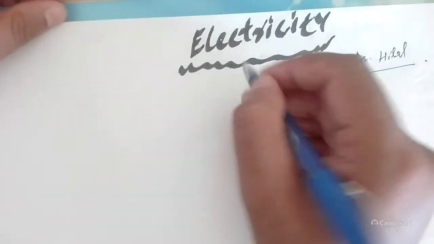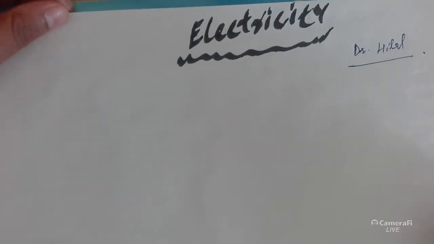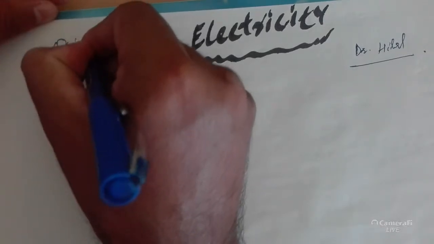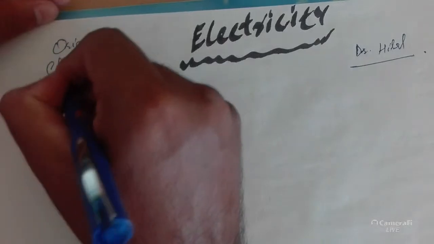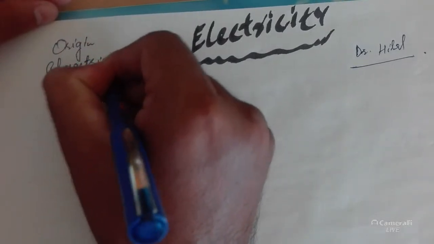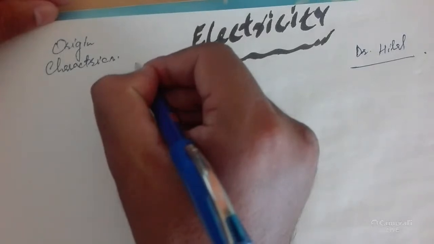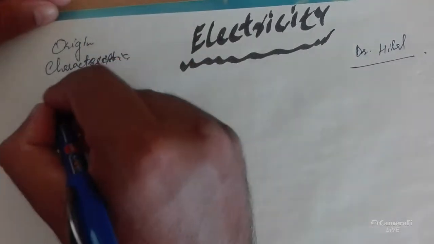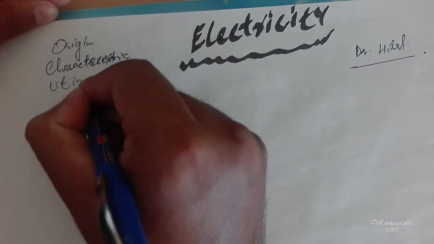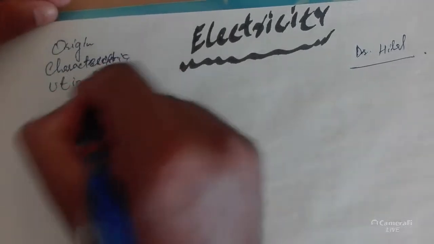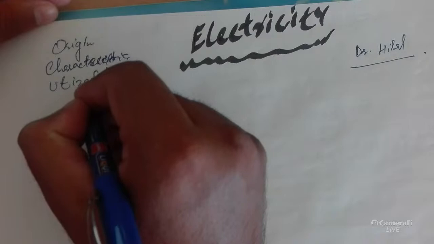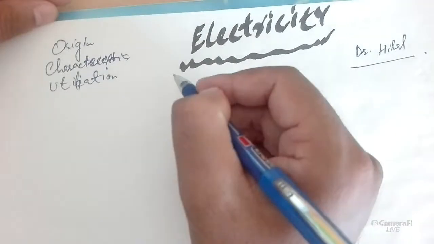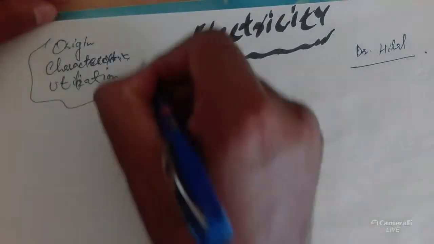That is why, as a student, it has become very important for us to understand its origin, where this electricity comes from, what its different characteristics are, and how we can utilize it. Okay, that we need to discuss in this chapter.